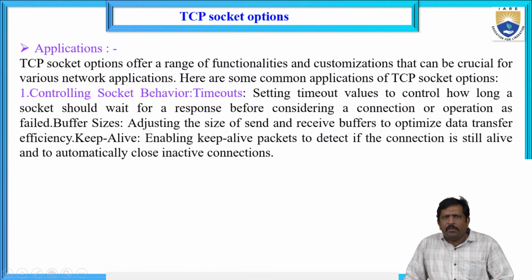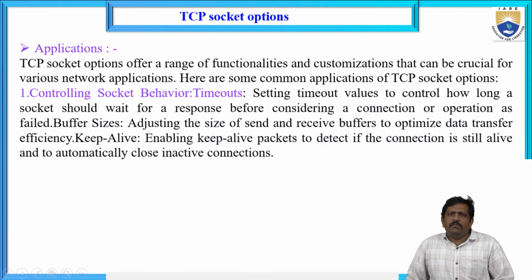Some of the applications of TCP sockets are controlling socket behavior. That is timeouts. That means setting timeout values to control how long a socket should wait for a response before considering the connection or operation as failed.